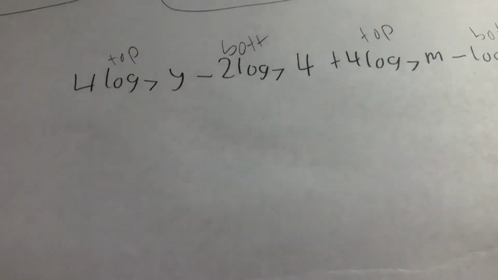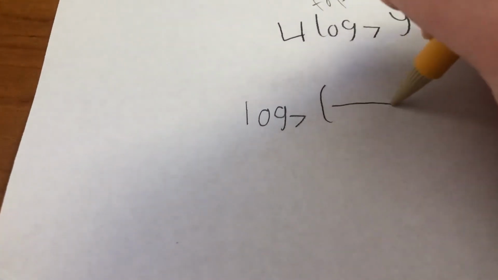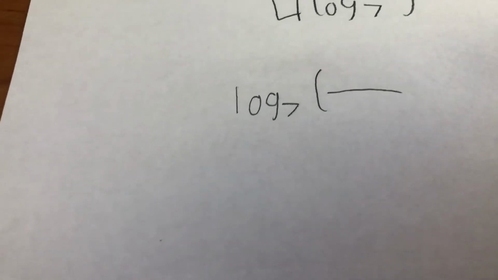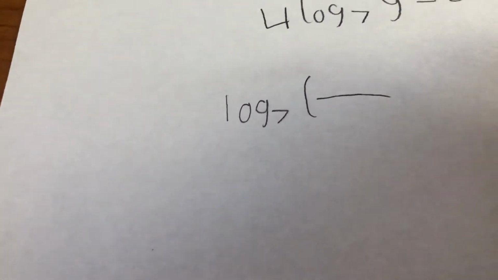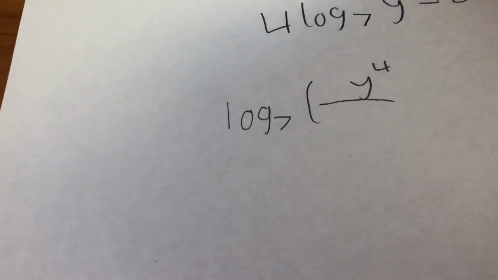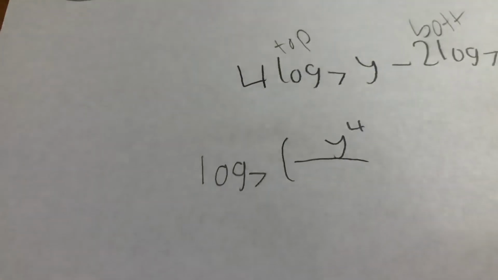So now we want to start to assemble our answer. Now we're going to have log to the 7. Now we need our parentheses, of course, like always. And now we can see here at the top, we have a y. So it's going to be y to the 4th, because like always, the exponent is out front.